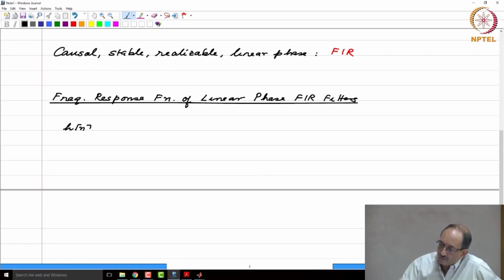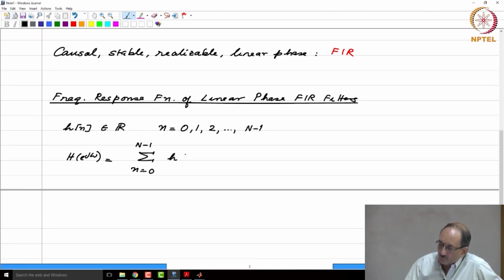Therefore, we have h of n, which is real valued, for n equal to 0, 1 up to n minus 1, and H of e to the j omega is the sum for n going from 0 to cap n minus 1 of h of n e to the minus j omega n.